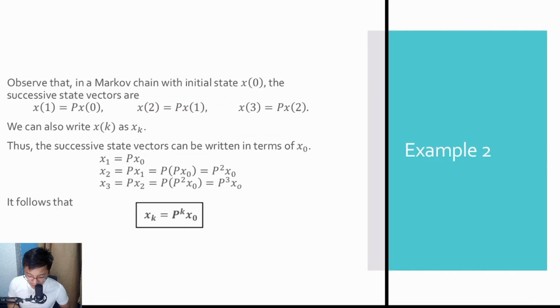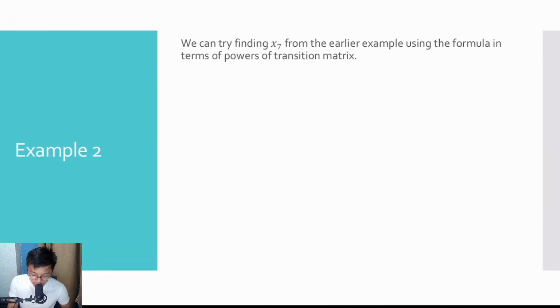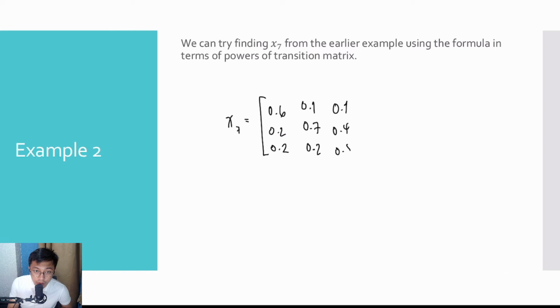Okay, so let's verify. Earlier we wanted to show x sub 7, so we want to verify if we will get the same value. So x sub 7 is just equal to the transition matrix 0 0.6, 0 0.2, 0.2, 0 0.1, and we raise it to 7 times the initial state vector, which is 1 0 0.